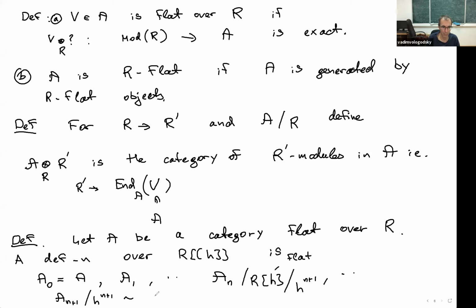There is another piece of structure: an equivalence between this quotient and A_n, which is linear over the appropriate truncated polynomial algebra. Okay? With this equivalence.